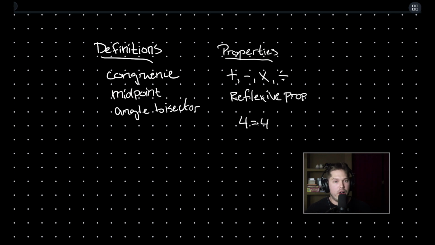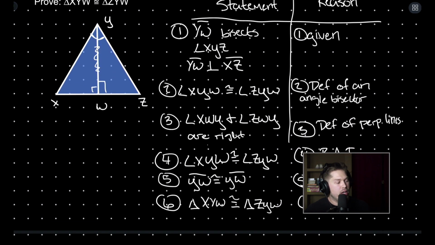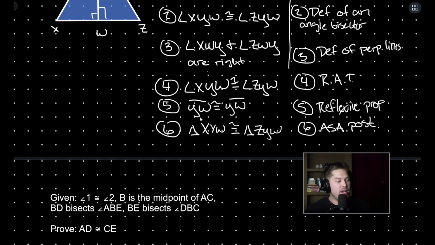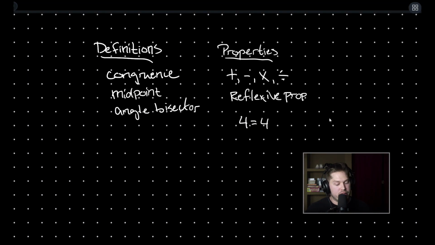The reflexive property of a side length would be like what we had down here in this proof, where the side was the exact same thing for both triangles. It was literally the same line. And so on reason 5, we said YW is congruent to YW by the reflexive property. Okay, so that is an example of the reflexive property.